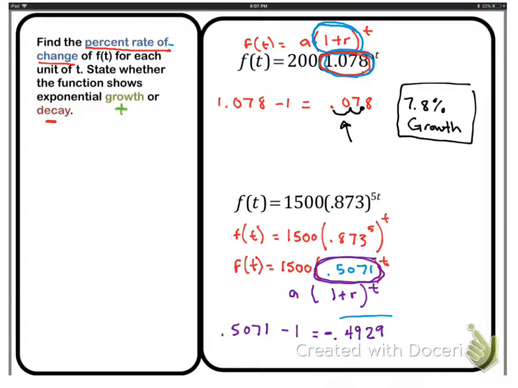Okay, so this number here is our rate. It's not our answer. Remember, it wants it in percents. So I know that in order to get percents, I got to move this decimal 1, 2. So 49.29%. And my rate is negative, so I know that I have a decay.